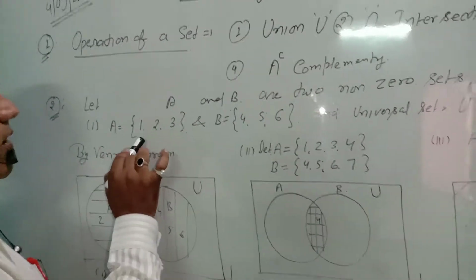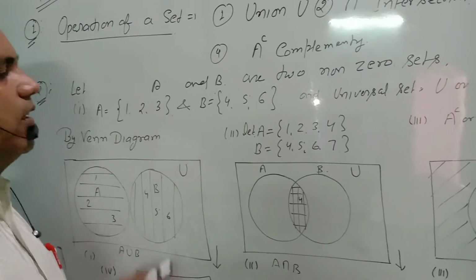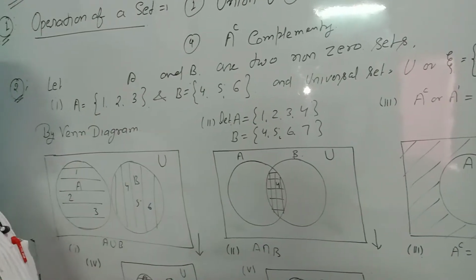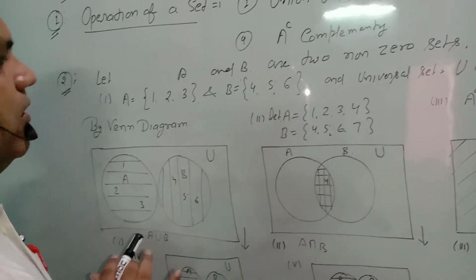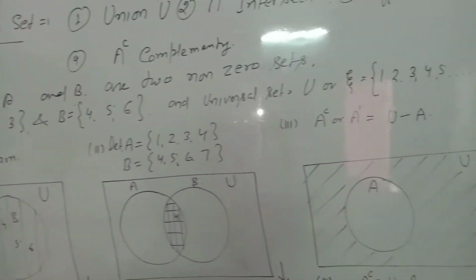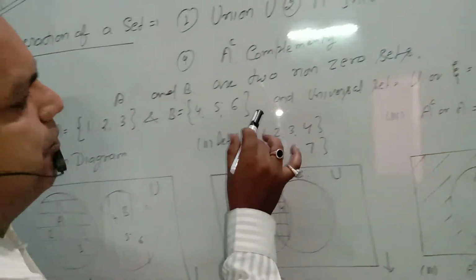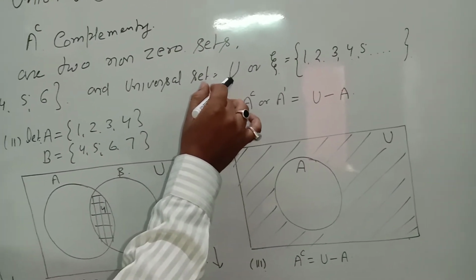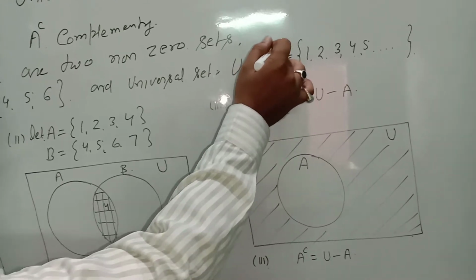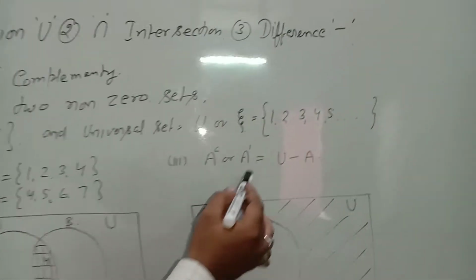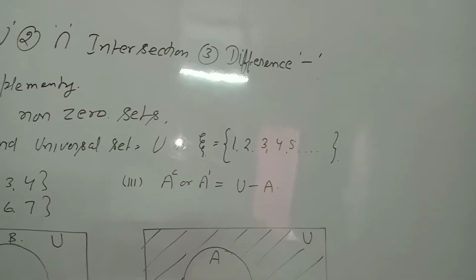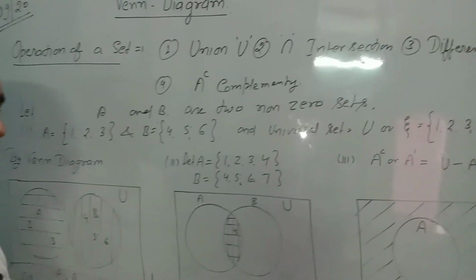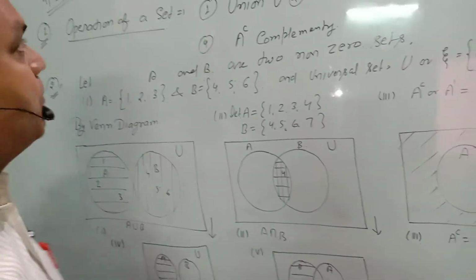These have some type of elements, like 1, 2, 3 and 4, 5, 6, A, B, C. Not an empty set, but a non-empty set. Next, the universal set is represented by capital U. Universal set is just like a set which has many types of elements and symbols, just like a board.